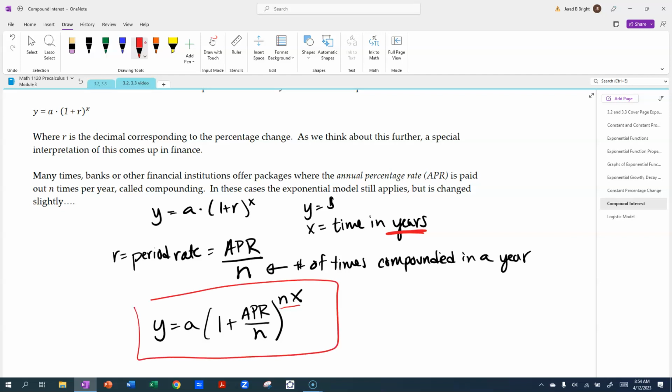So this is our compound interest formula. And again, just so we're clear, A would still be your starting amount, also called the principal.